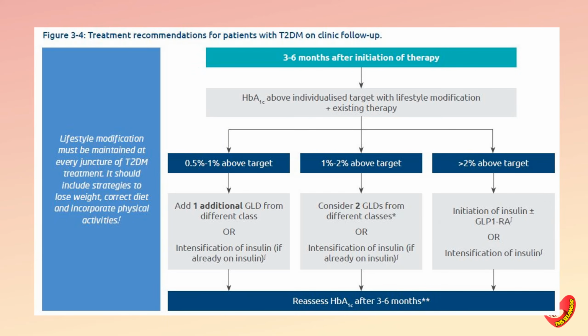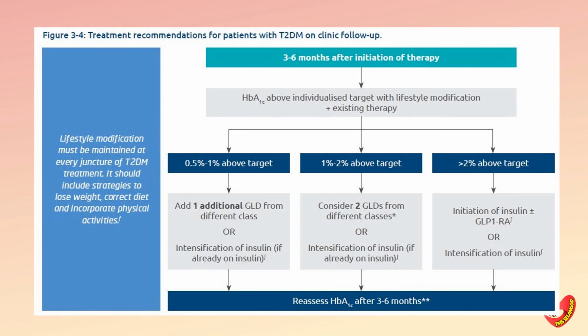This slide shows treatment recommendations for patients with type 2 DM on clinic follow-up. 3 to 6 months after initiation of therapy, please look at the HbA1c level against the individualized target, with lifestyle modification and existing therapy. If HbA1c is 0.5 to 1% above target, you need to add one additional glucose-lowering drug from a different class.